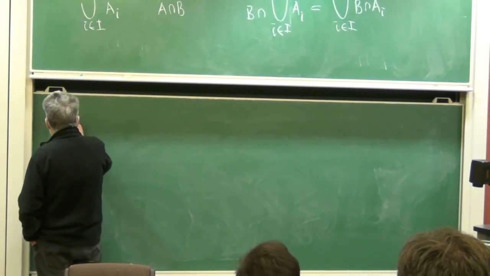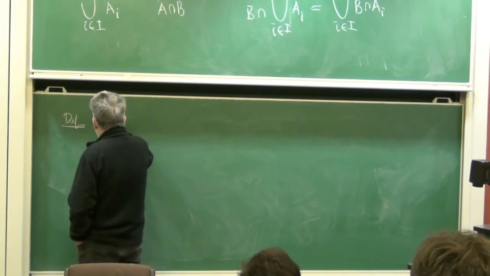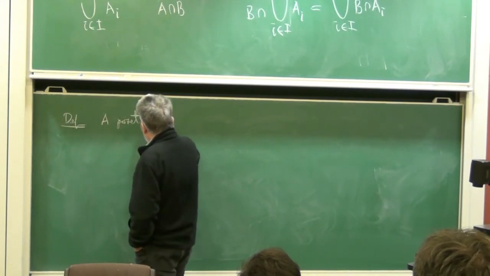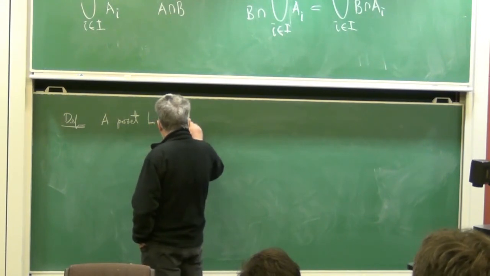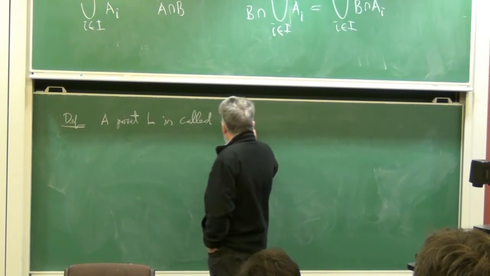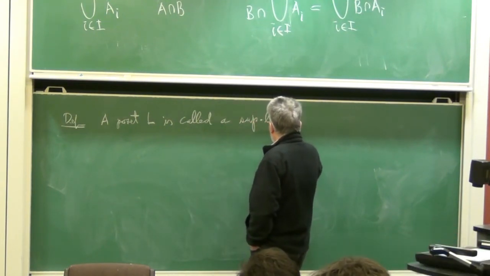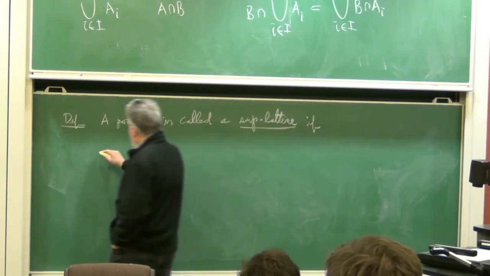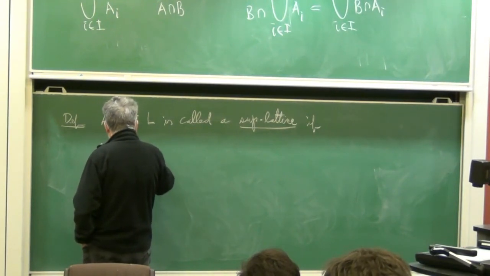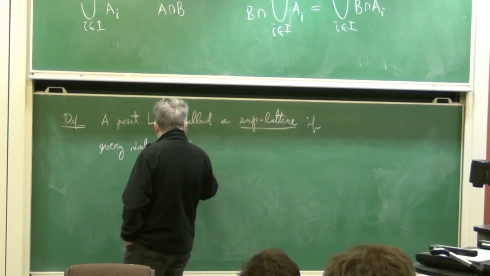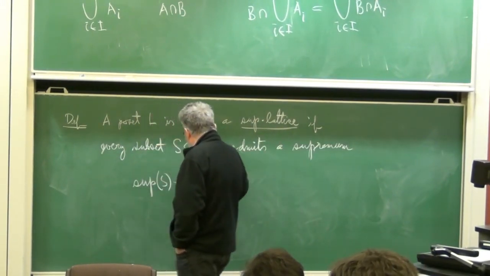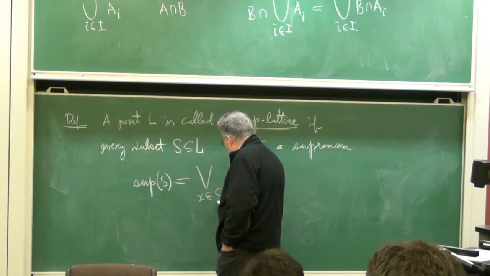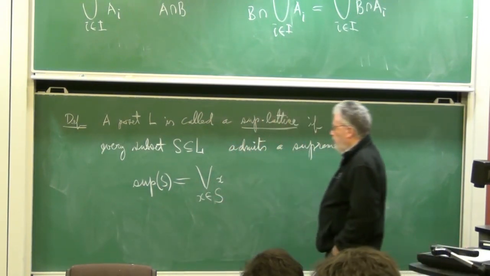First, a definition. A partially ordered set, let's say L, is called a sup lattice if every subset S in L has a supremum, sup S, or we can use this notation, which is very handy, a bit like a union, for x in S, the element x.